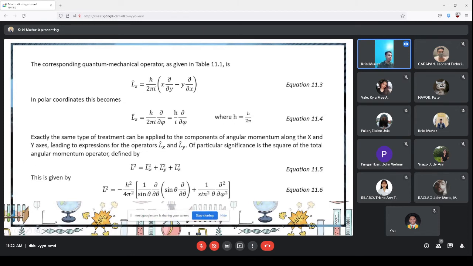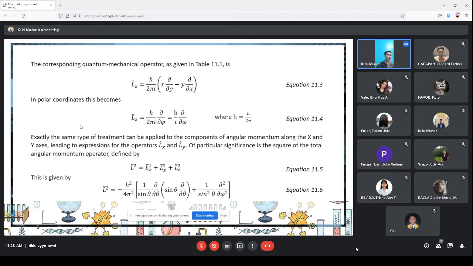Exactly the same type of treatment can be applied to the components of angular momentum along the x-axis and the y-axis, leading to expressions for the operators L sub x hat and L sub y hat.